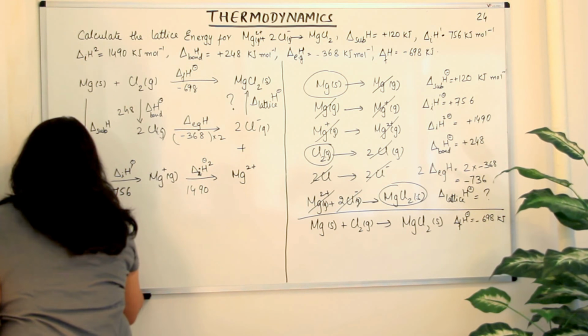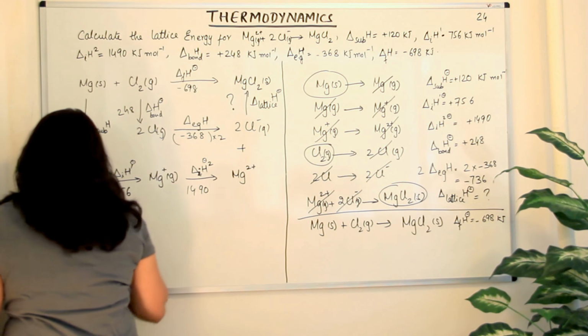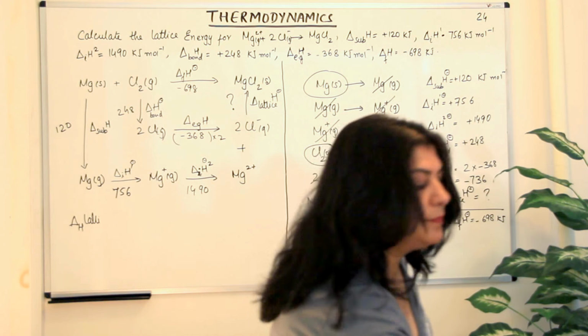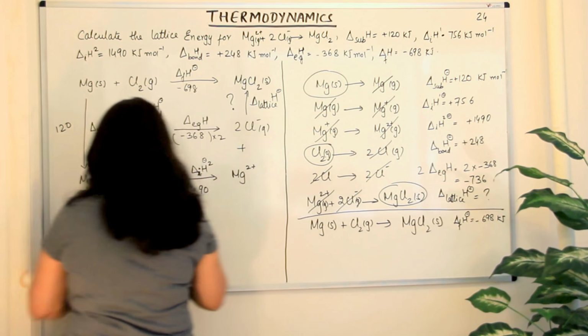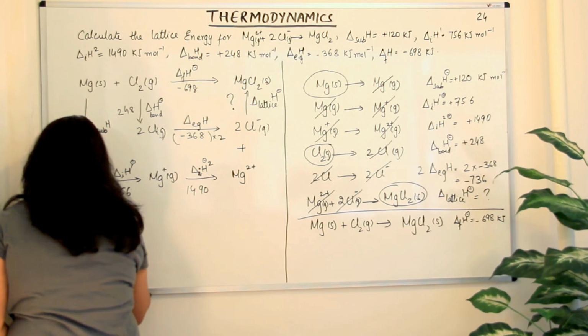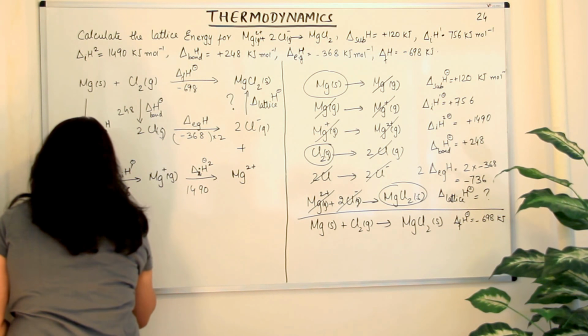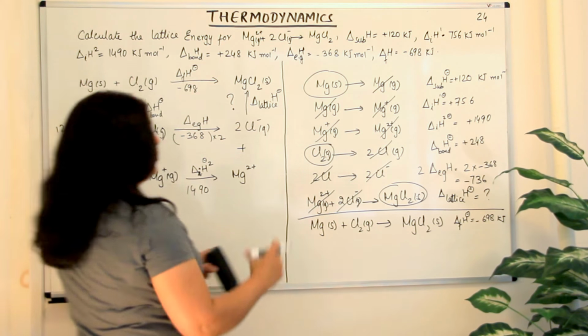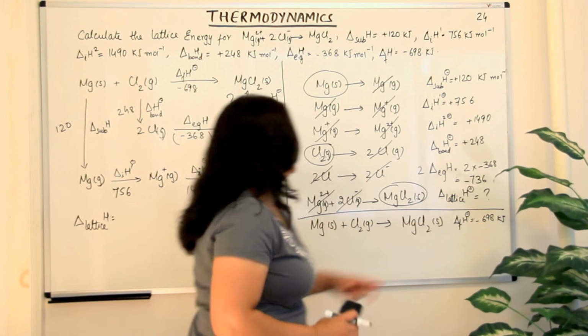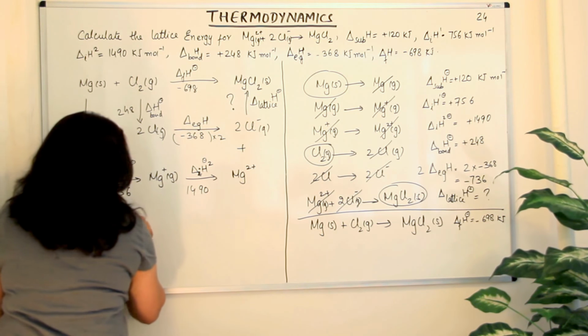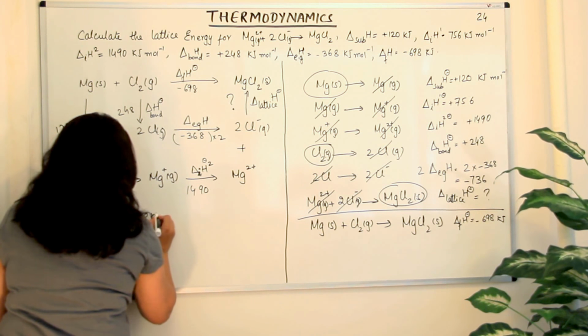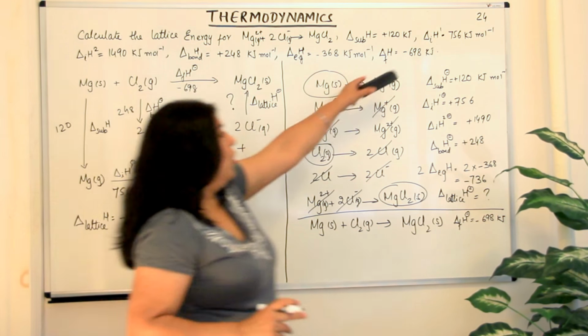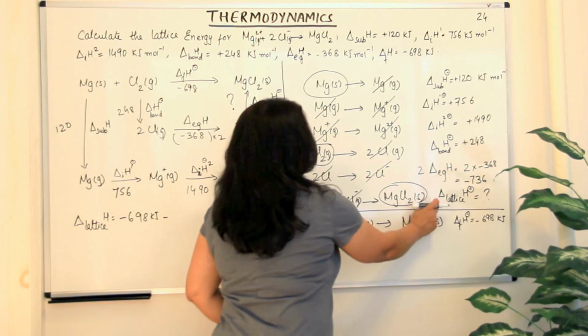Delta lattice H is equal to the total energy, that is minus 698 kilojoules, minus all of these, which will give you the lattice enthalpy.